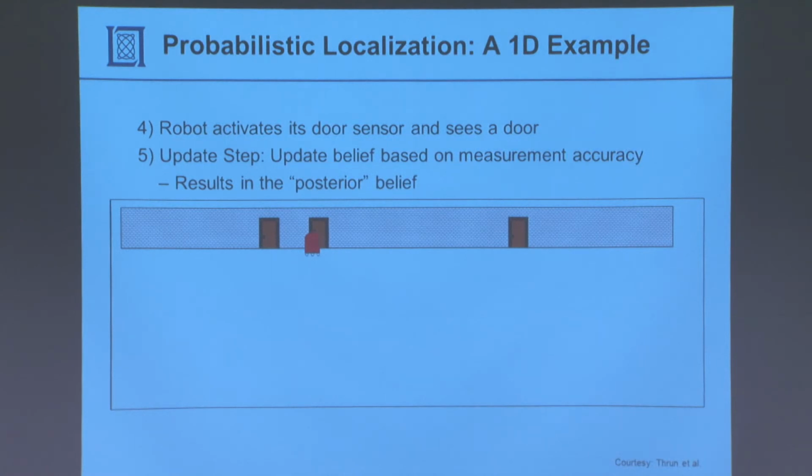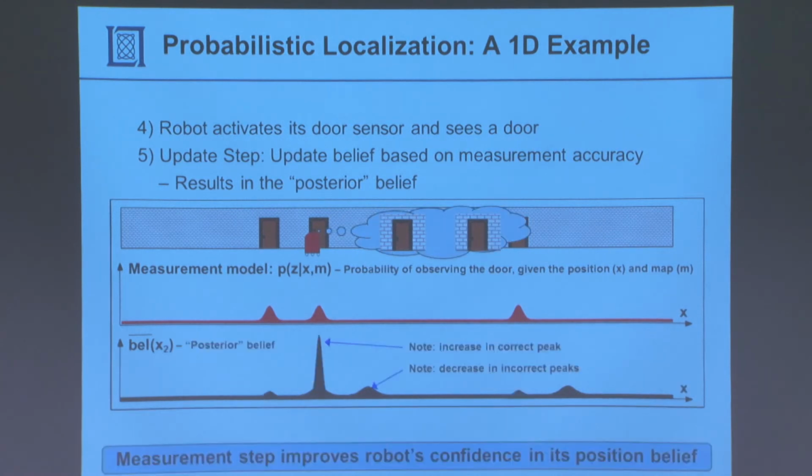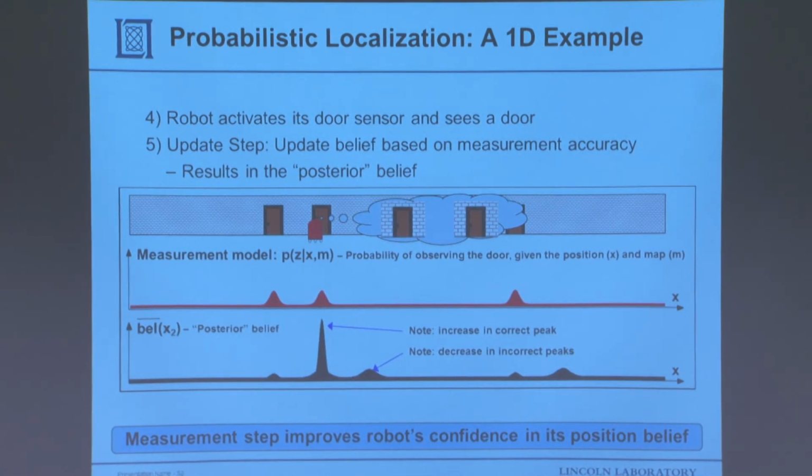So then we activate our door sensor. We see we're in front of a door. We have the same measurement model. So the probability of observing a door that depends on our position and location within the map is shown there in red. So we can multiply our measurement model by our past belief, and that will have the effect of amplifying or increasing our confidence in the correct peak, and it decreases the confidence in some of the incorrect peaks.